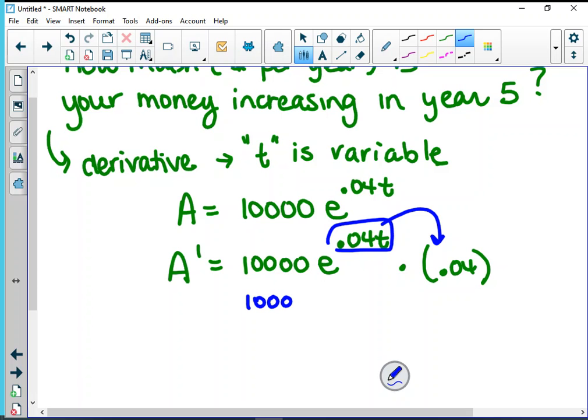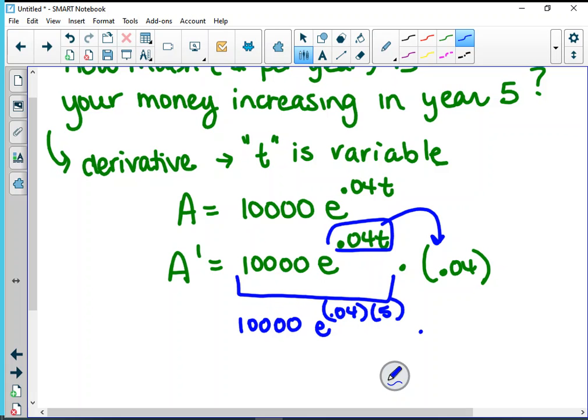So, fun thing is, notice if we did both questions, how much at year 5 and what's the rate of change at year 5, this part is going to be the answer from our year 5 question. How much was it at year 5? It was 10,000 e to the 0.04 times 5, and then times another 0.04.